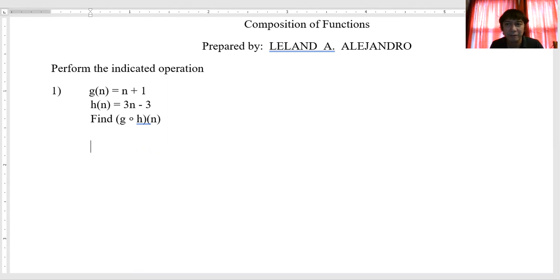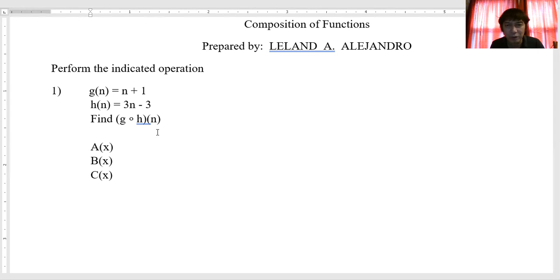Say you have three functions: a of x, another given function b of x, and another, c of x.